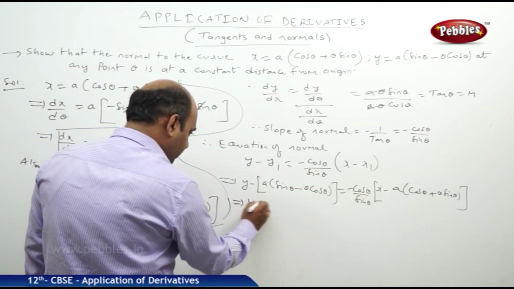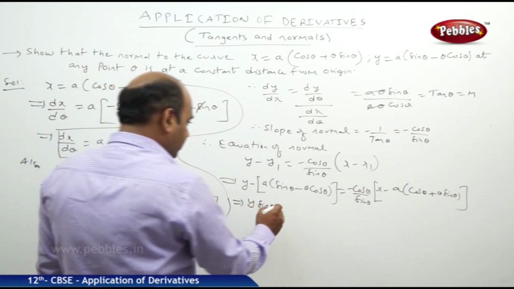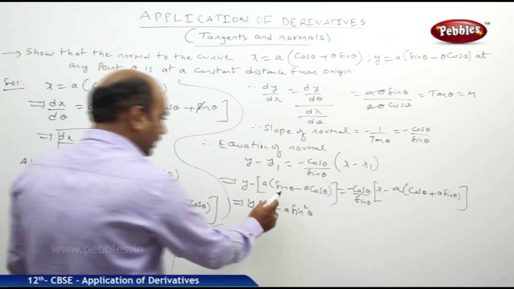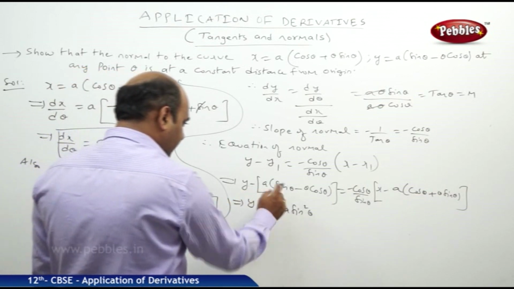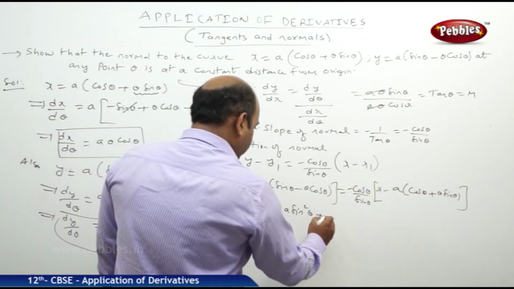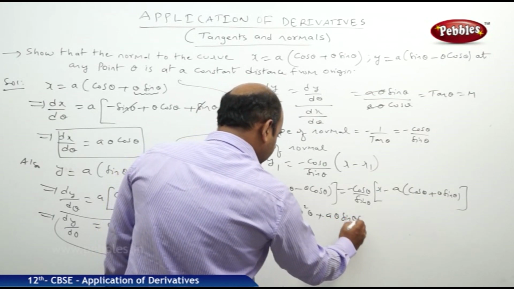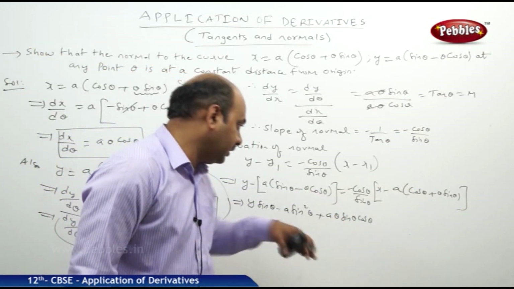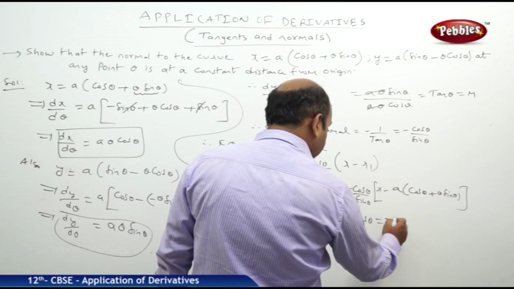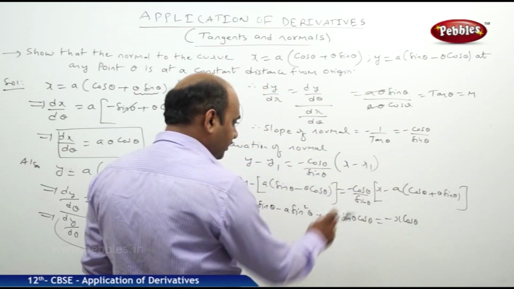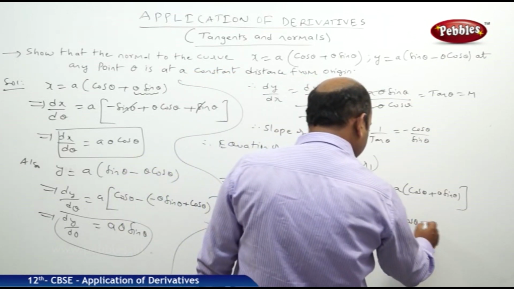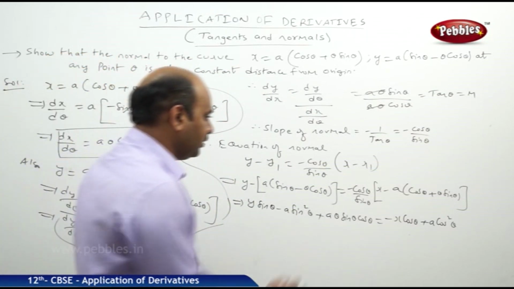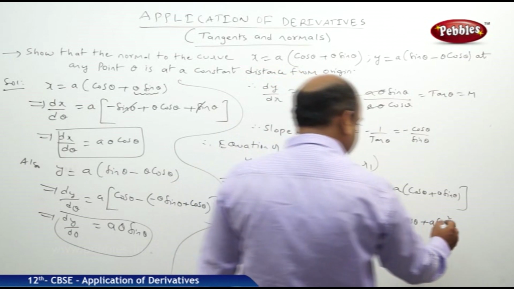Now cross multiplication, I get y sin theta minus a sin square theta, because sin theta into sin theta will be minus a sin square theta, minus minus will be plus a theta sin theta cos theta, and a theta cos theta, and here sin theta. Now what happens? That is equal to this side minus x cos theta, and minus minus will be plus here. A cos square theta. Now later again this a goes inside, but minus outside is there.